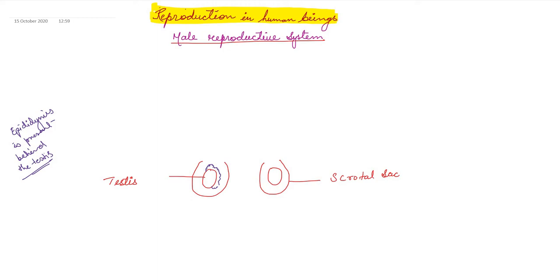From the posterior part of the epididymis, the tail part, arises a duct-like structure which goes up into the abdominal cavity, like this. The epididymis tail part gives rise to a tube-like structure which is known as vas deferens.